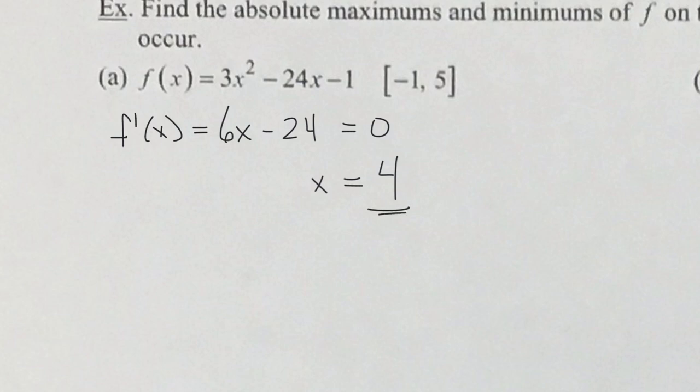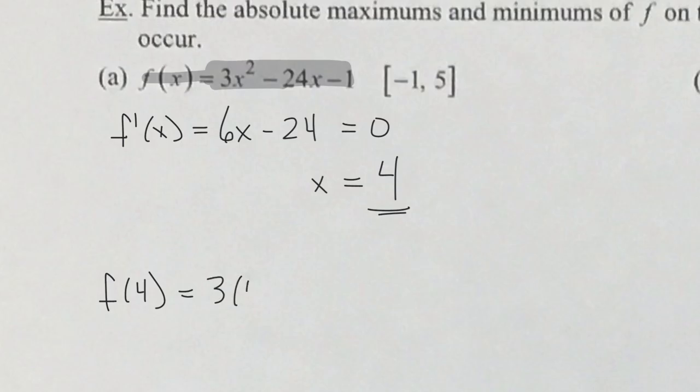So we have to check what is f at 4. We're plugging 4 into our f equation up here to figure out what our y value is when x is 4. So that's 3 times 4 squared minus 24 times 4 minus 1.